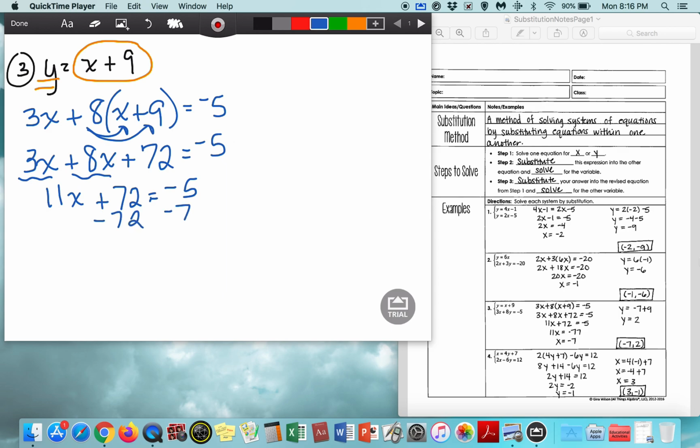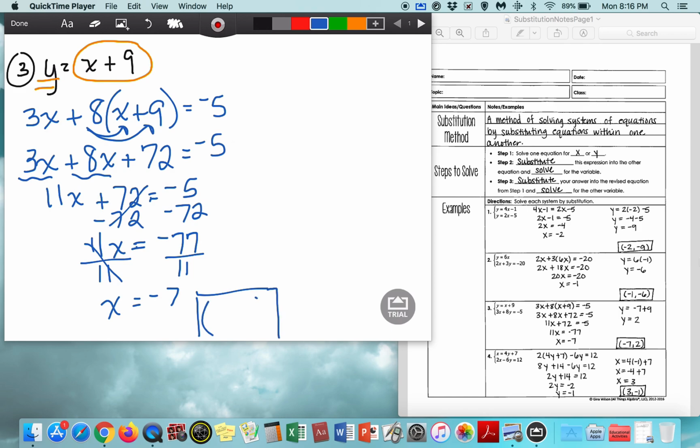So I'm going to subtract 72 from both sides, then divide both sides by 11, and x is -7. Now you can get decimals or fractions for some of these numbers as well, so that is possible.